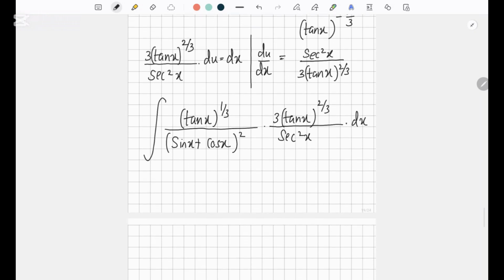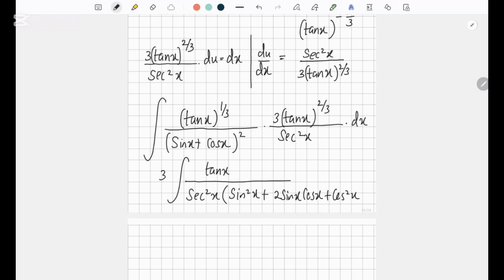Okay, now let's multiply the numerators together. I'll just take the 3 outside for now. So tan x to the power 1 over 3 into tan x to the power 2 over 3 is tan x to the power 3 over 3, which is tan x, easy. Tan x over sec squared x into, now let's expand (sin x plus cos x) to the power 2. So that would be sin squared x plus 2 sin x cos x plus cos squared x, right?